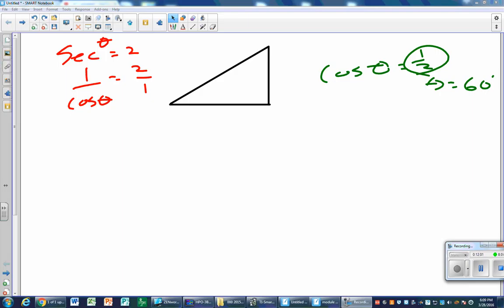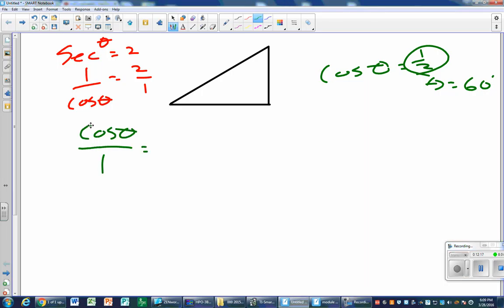You might think that you want to, no, that's the long way home. We don't want to take the long way home. If we have 1 over cosine or 1 over sine, why don't we just reciprocate the first fraction? And if we do whatever we do to the left, we have to do to the right. Oh, so the cosine of theta is 1/2. Oh, are you kidding me? I'm not kidding you.